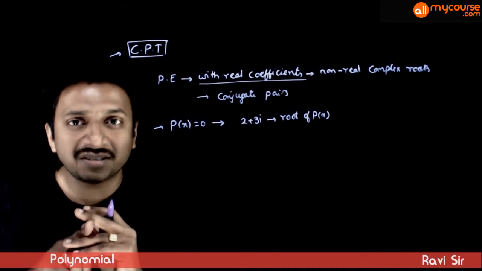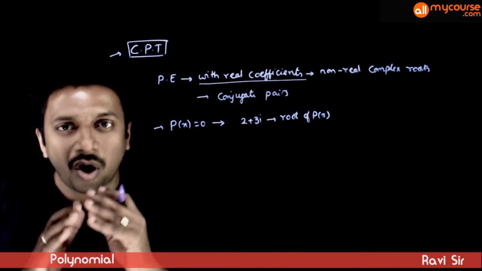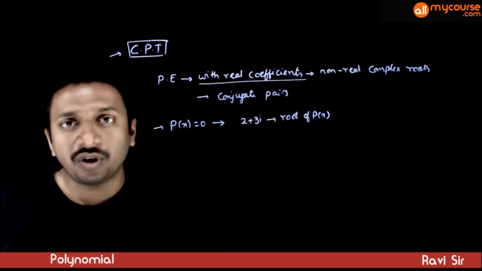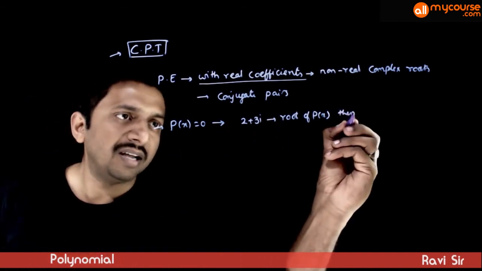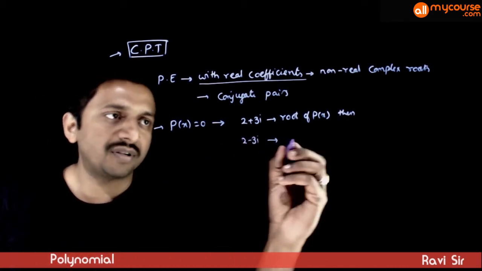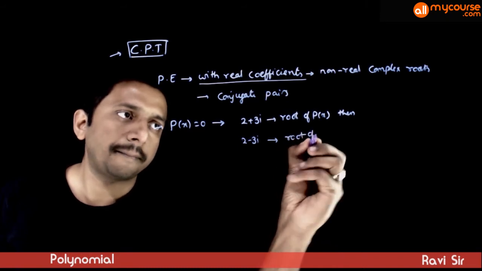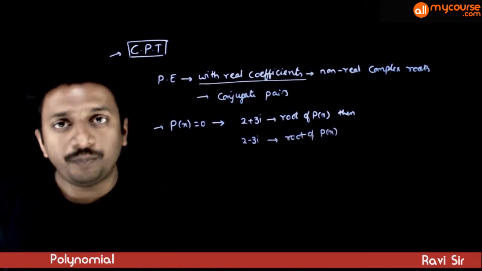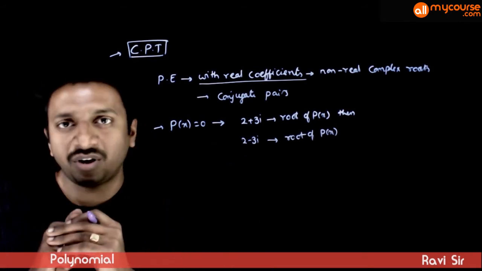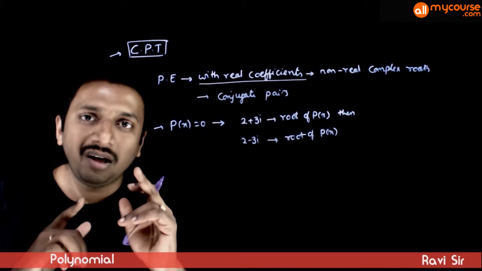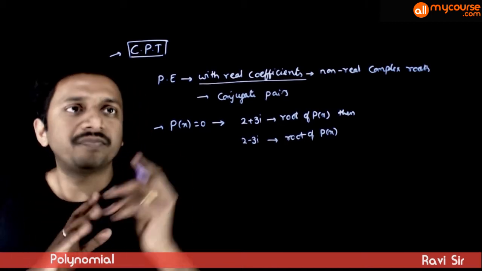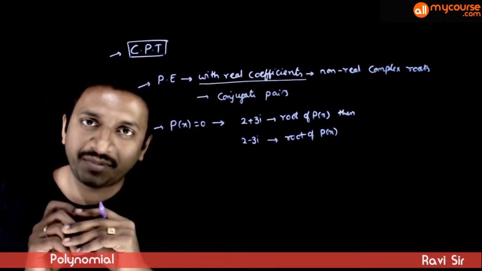So if p of x is a polynomial equation with all real coefficients, then if 2 plus 3i is a root of p of x, then its conjugate 2 minus 3i will automatically become a root of p of x. The non-real complex roots always occur in conjugate pairs. This is one of the theorems that we have.